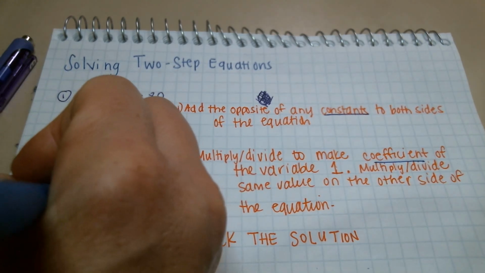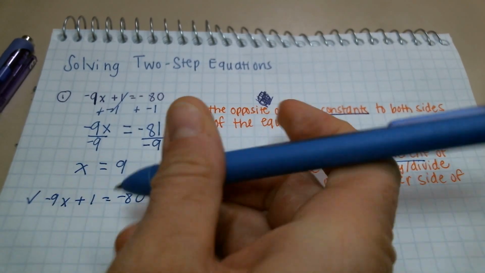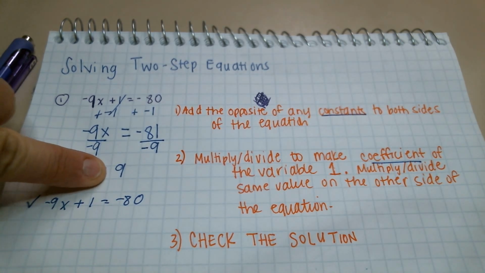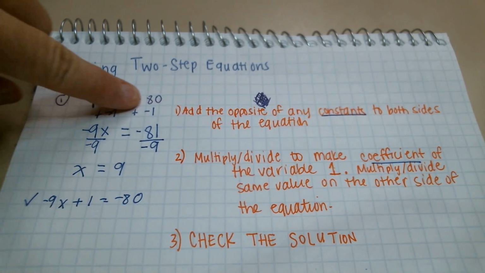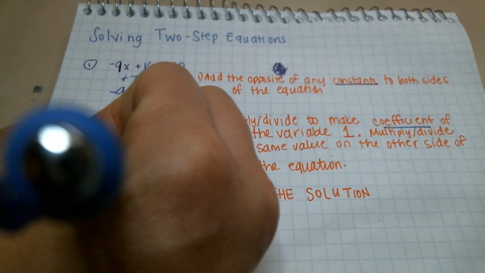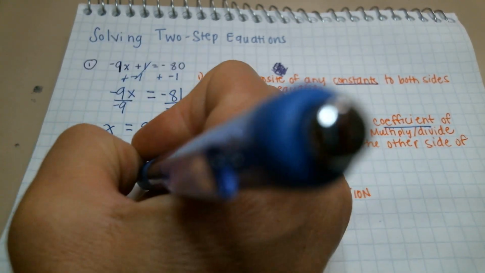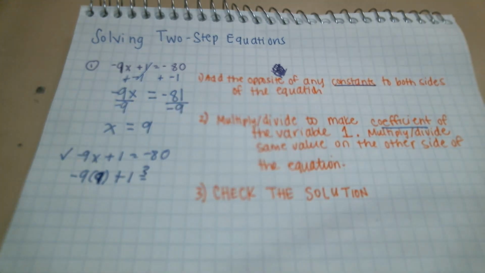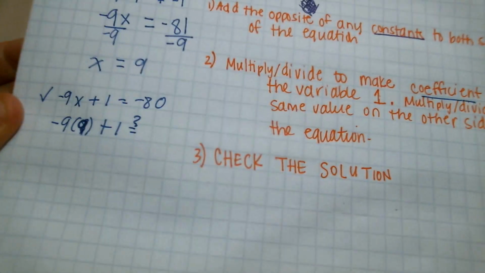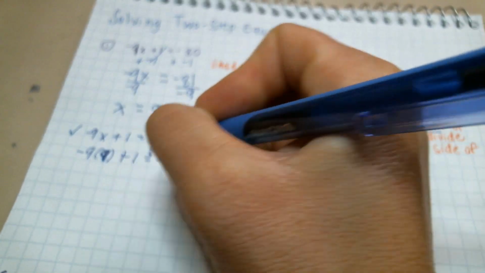And I'm going to rewrite my original equation, and in place of my x, I'm going to put the value that I think x is that makes this equation true, and I'm going to evaluate, -9 times 9 plus 1 equals, I'm going to put a question mark above the equal sign, because right now I'm not really 100% sure that plugging in 9 will make this equal to -80, but we're going to find out.